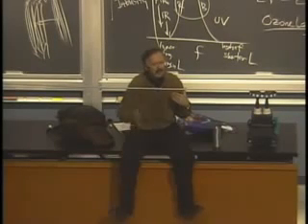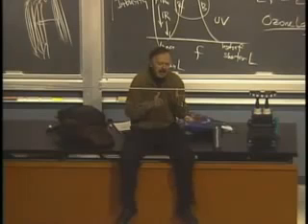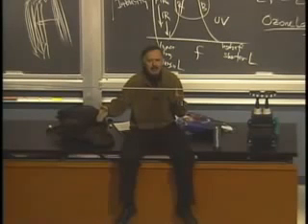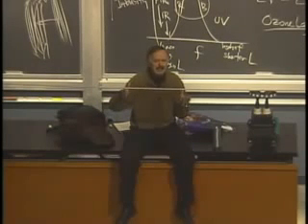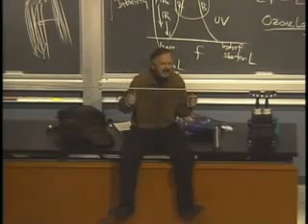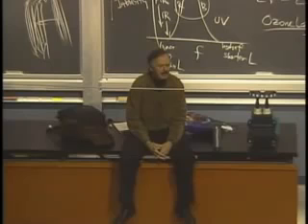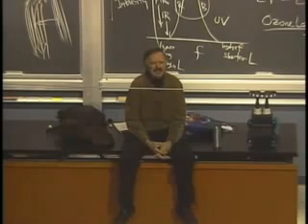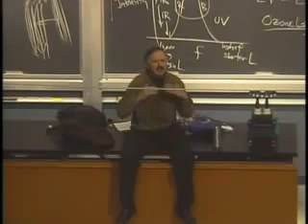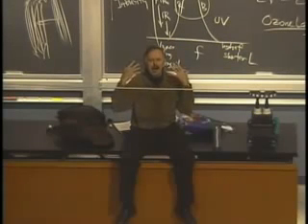Fourth power means if you double, and then double, and then double, and then double. It's four doublings. So if you double the temperature, the amount of radiation goes up by a factor of 16. So as you get a little bit warmer, the radiation goes up a lot.